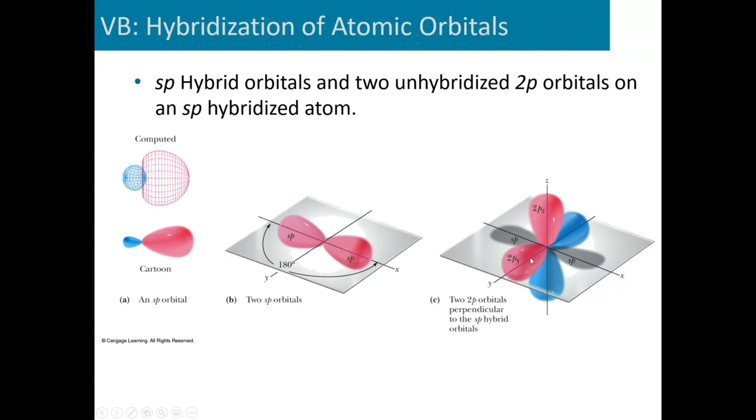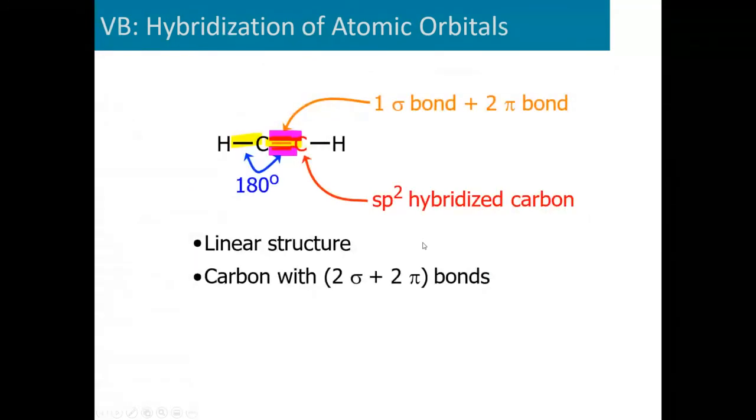And then you have the py and pz orbitals that are perpendicular to one another and also perpendicular to the sp orbitals. Each and every one of these p orbitals can have a side-to-side interaction with another p orbital, and the sp orbitals can form the sigma bonds with other parts of the molecule.